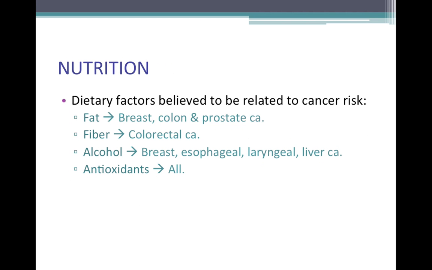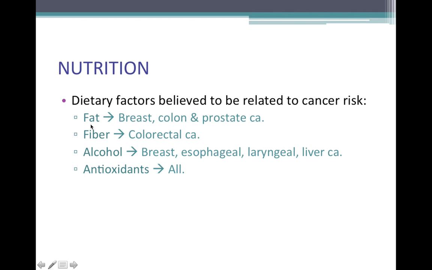Now, what's interesting is that there are some nutritional aspects to tumorigenesis and cancer. So things like fat, fiber, alcohol, and antioxidants all play a role in your cancer risk. Diets high in fat are linked with breast, colon, and prostate cancer. So if you eat a lot of fatty foods, that can put you at risk for these types of cancers.